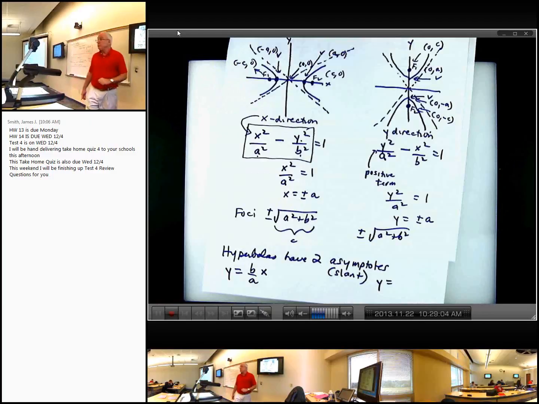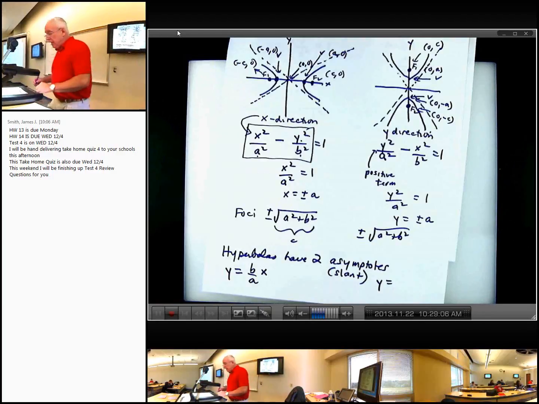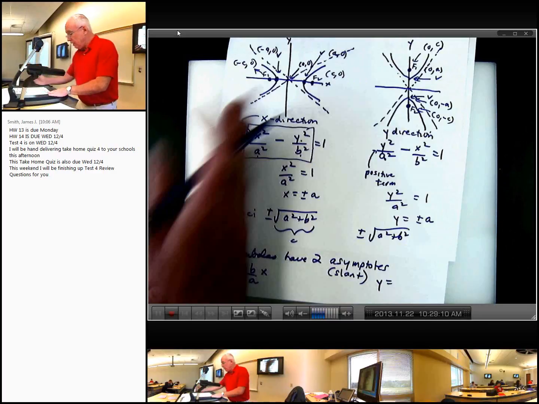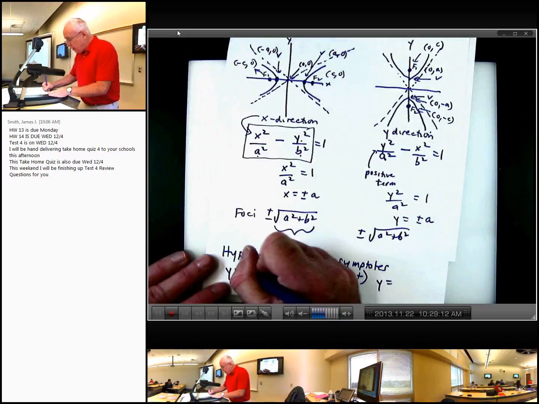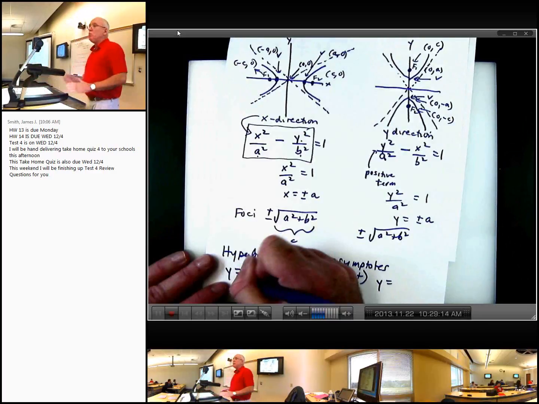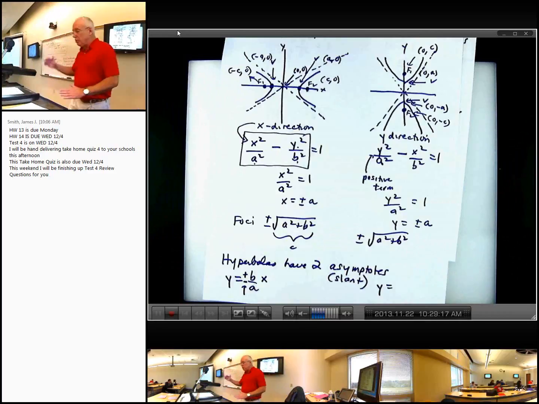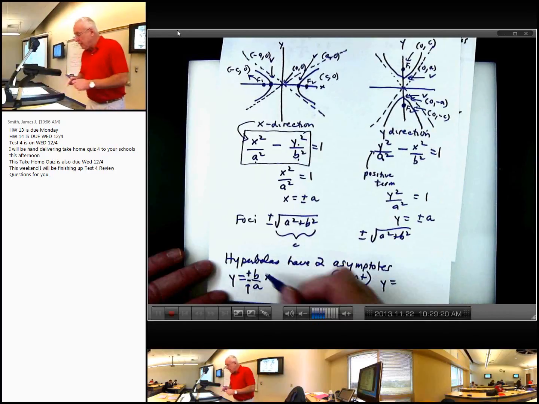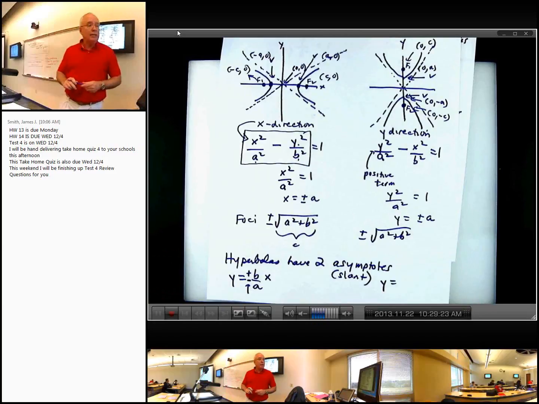And it works, all right? And then we're also going to have not only a plus 1, but we're going to have a minus 1. So there are two of these, as we see. One goes in one direction, the other one goes in the other. So it's a very simple line equation, y equals plus or minus b over a times x.